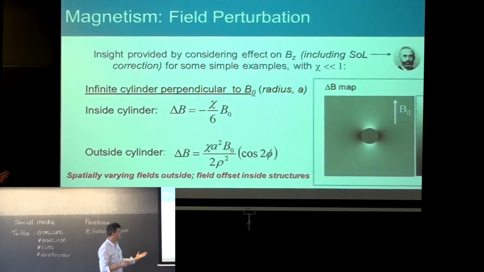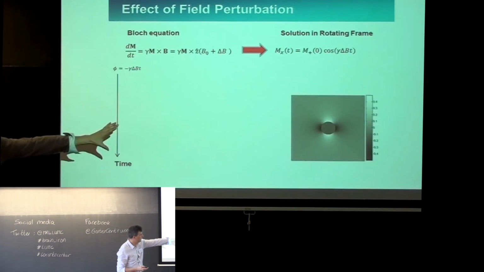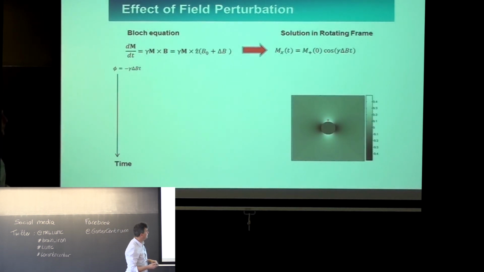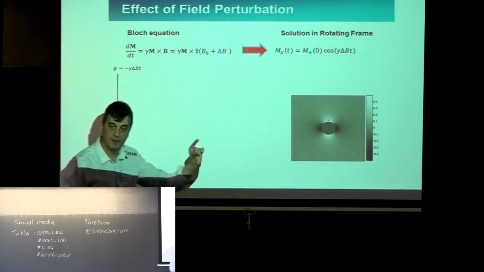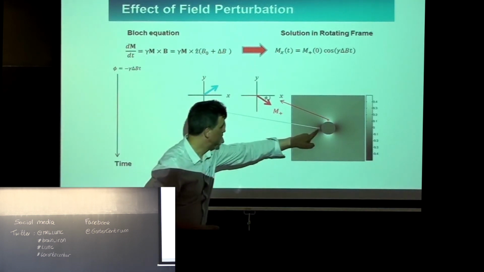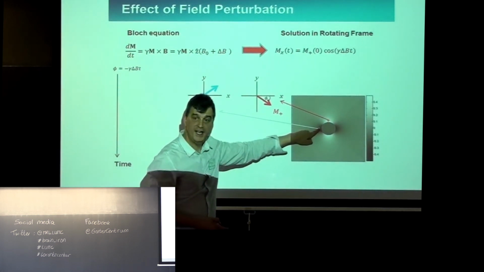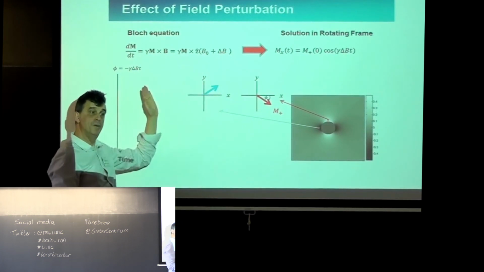Why is that important? It's important because it dictates the way the signal evolves from the whole sample. So taking the case of the sphere, if we look at the signal from this region here, which experiences a positive field offset, that will evolve in the rotating frame in a particular sense, whereas the signal from over here, which experiences a negative field, evolves in the opposite direction.